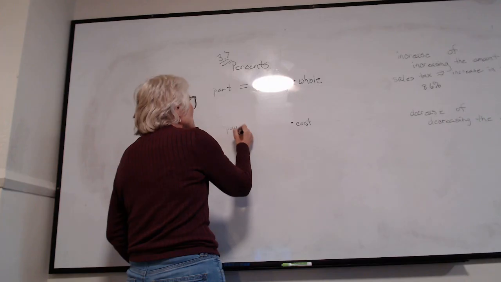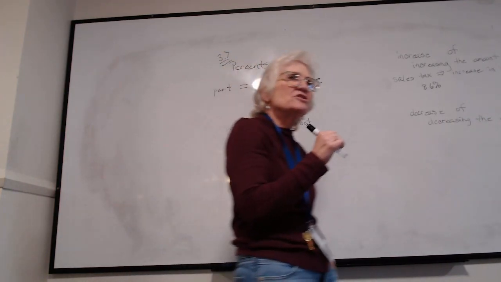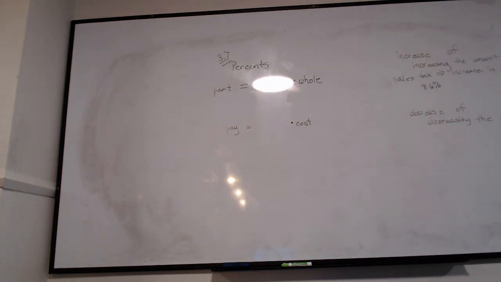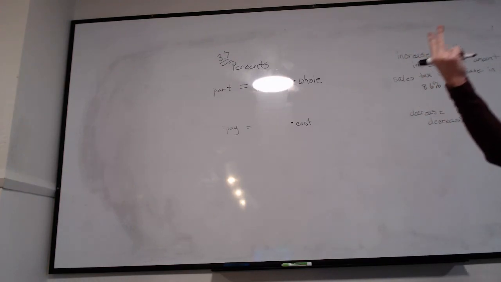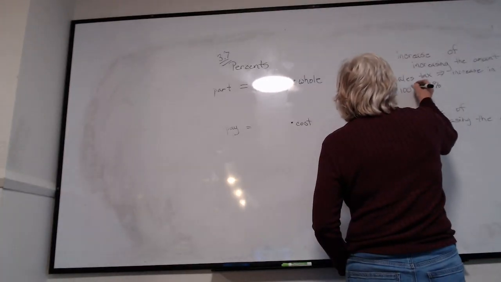It's going up, okay? So in this, am I going to just pay 8.6% of your cost? Mm-mm. What are you actually going to pay? Yes, 100% plus 8.6, right? You have to pay the full cost and an additional 8.6. So the full cost is the 100%.